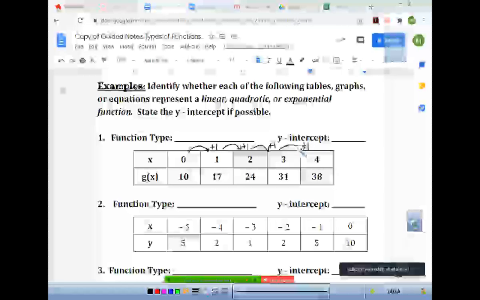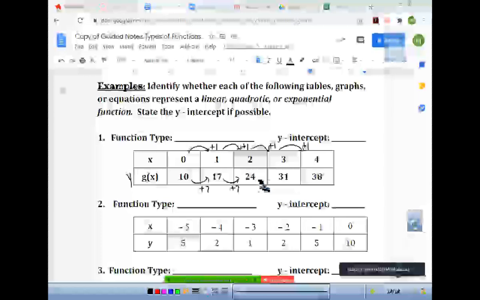What about this? It says g of x, but remember, this is like saying y, because it's just function notation. Are they adding the same number in the y's? How do you go from 10 to 17? Add 7. If I add 7, do I get 24?